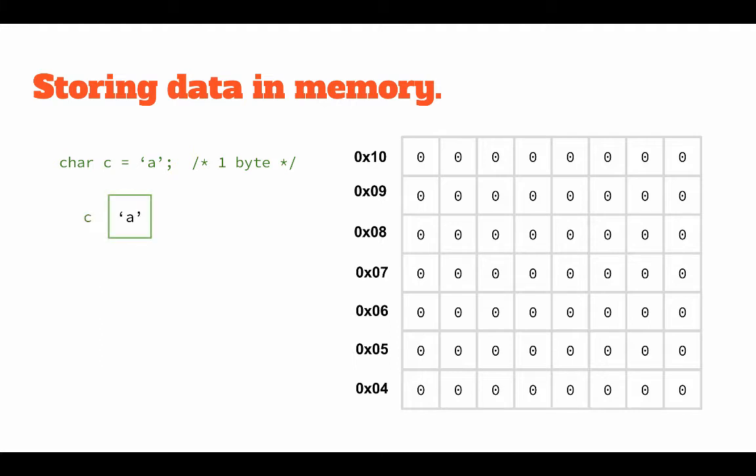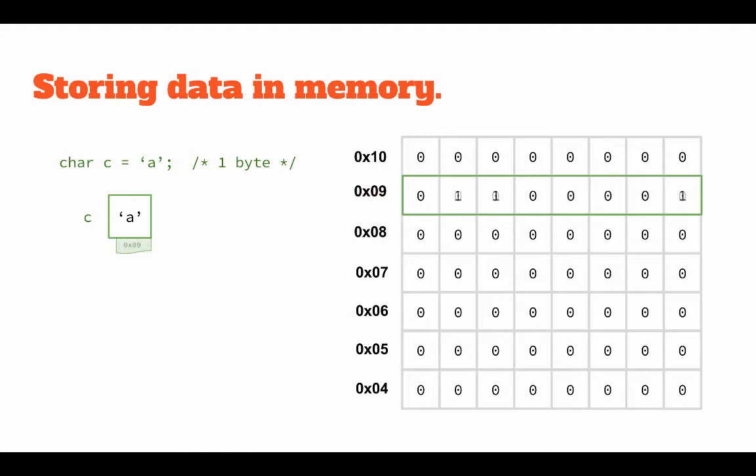We have seen this drawing before, and you may have seen something like this. I have a variable c, and there's this arbitrary box, and it holds the character A. But what's really happening is somewhere inside of our large memory array, our program finds space wherever there's a slot available to store a character. It says, oh, here, this looks like a good slot. This is my space.